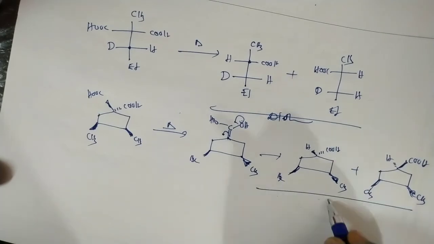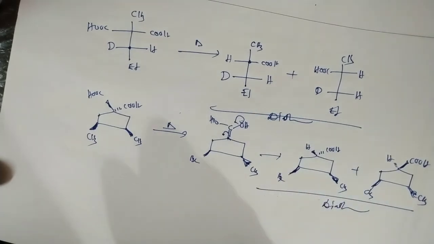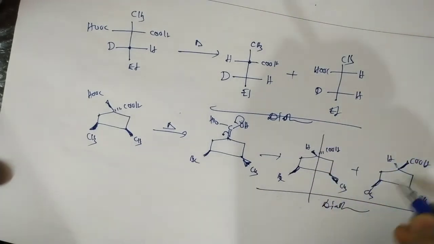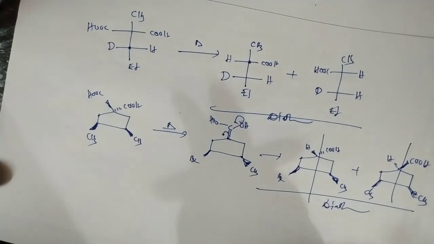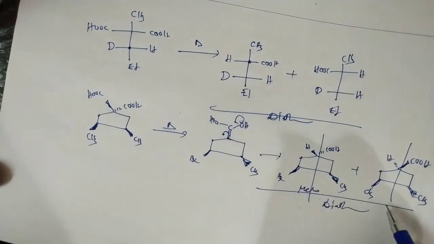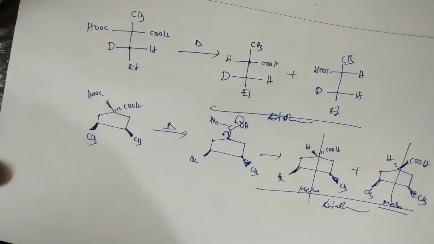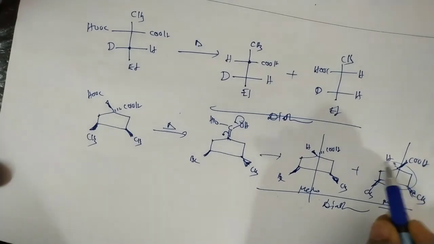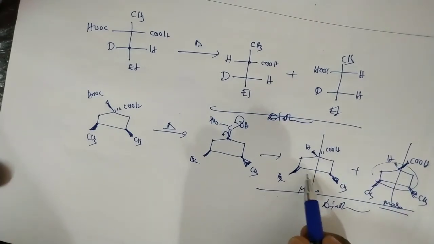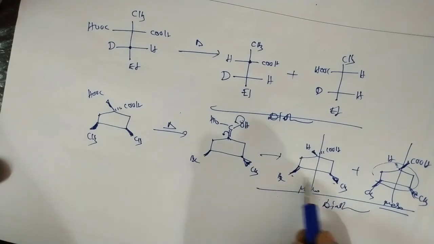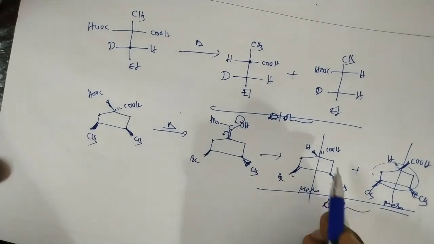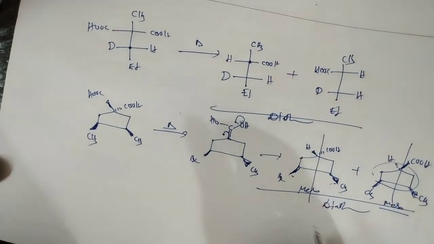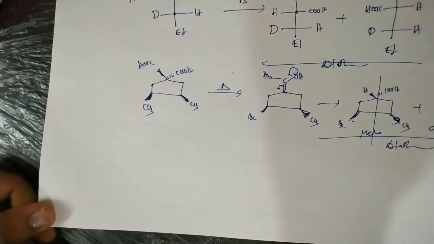These two are non-mirror images, again diastereomers. This compound is optically inactive, and this compound is also optically inactive due to the presence of a plane of symmetry. So it is a meso compound. Here also it is a meso compound. But the relation between these two is diastereomers, because in this case all groups are in cis position, but in this case all groups are not in cis position. Of course these two groups are cis, on the same side, but COOH is on the opposite side, below the plane.